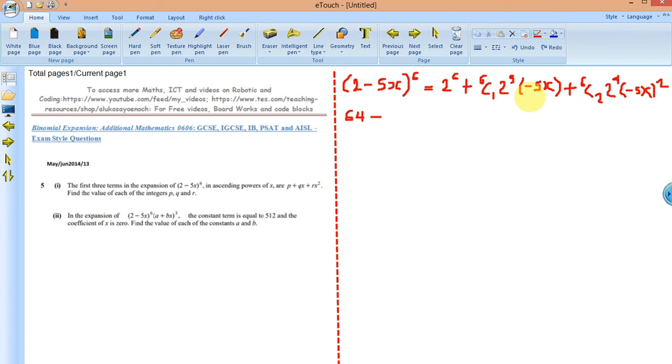Let me just start again. 6 combination 1 is 6 times 2 raised to the power 5, times minus 5. So that is minus 960. Guys, make sure you confirm everything. Just use your calculator.